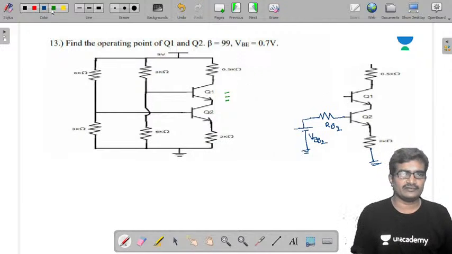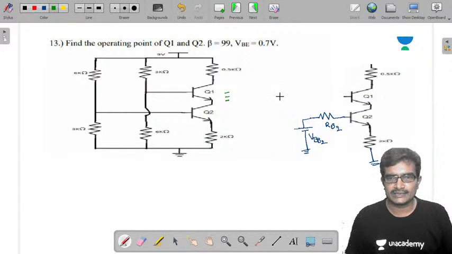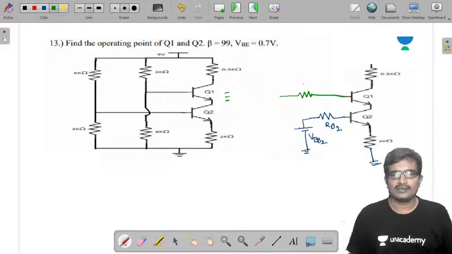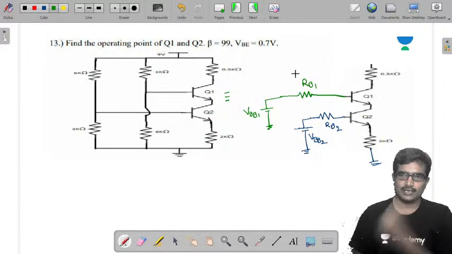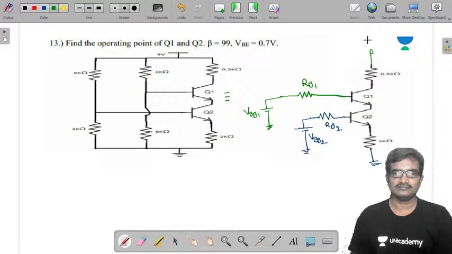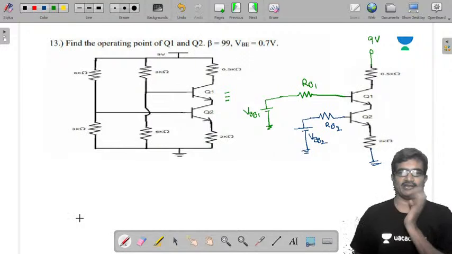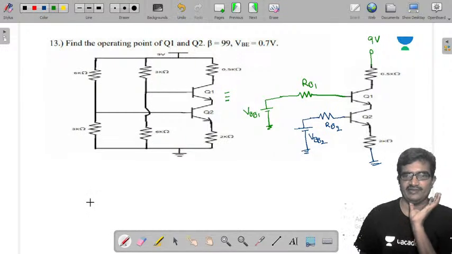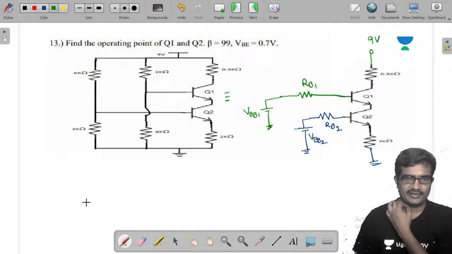Similarly for this circuit, RB1 and VBB1, and automatically it is connected to the supply voltage 9 volts. So you need to calculate RB1, VBB1, VBB2 and RB2.